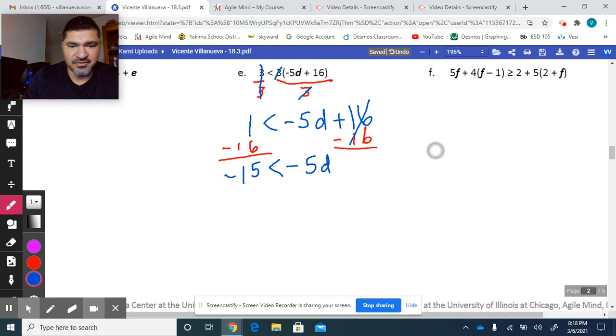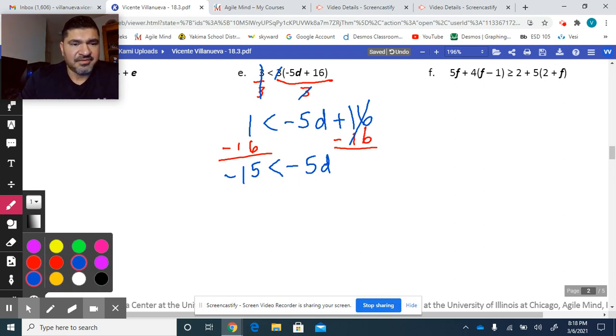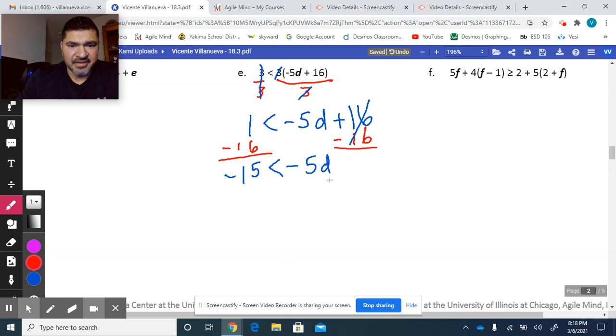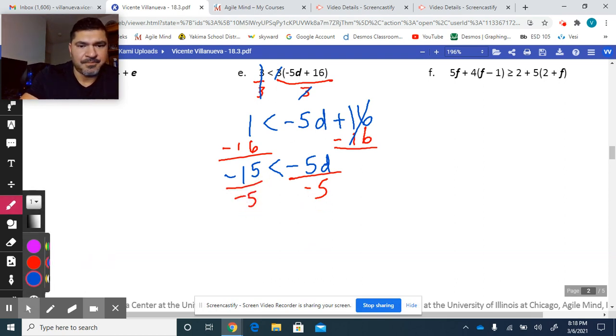And so we have one more step left. We got this multiply by negative 5. There should be a couple things you're thinking here. Okay, to get rid of multiply negative 5, we have to divide by negative 5. Okay, negative 15 divided by negative 5 is a positive, because we have a negative divided by a negative.